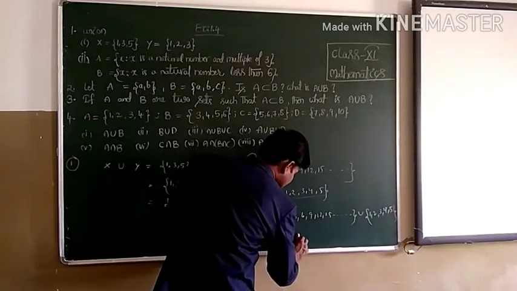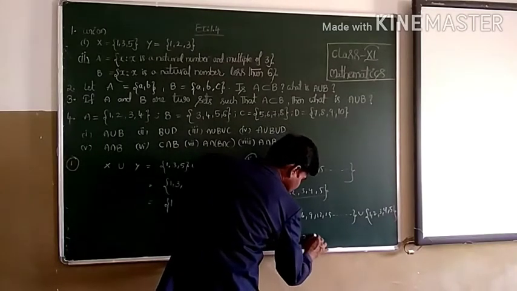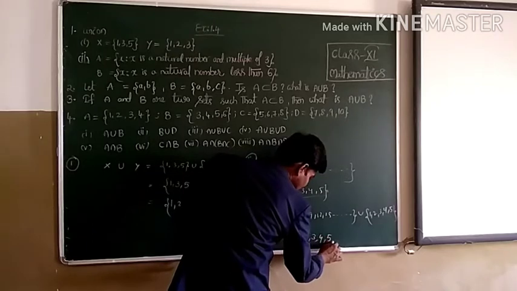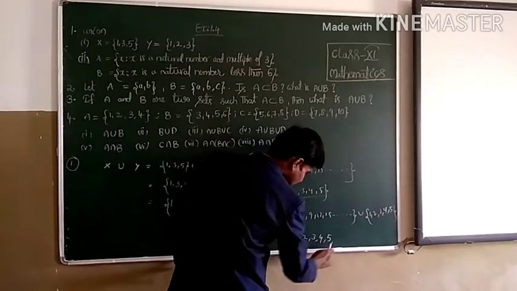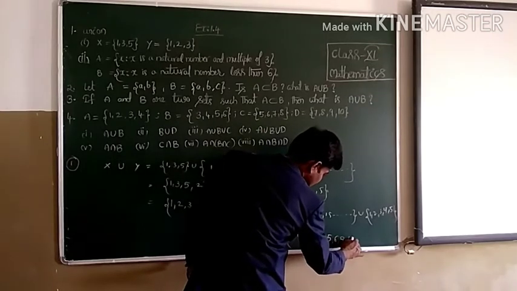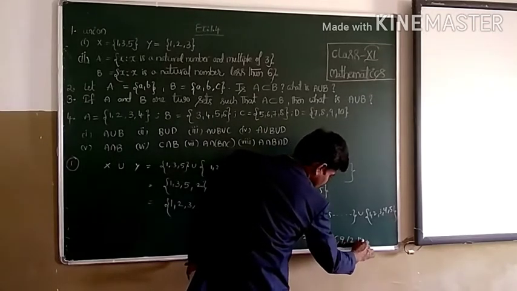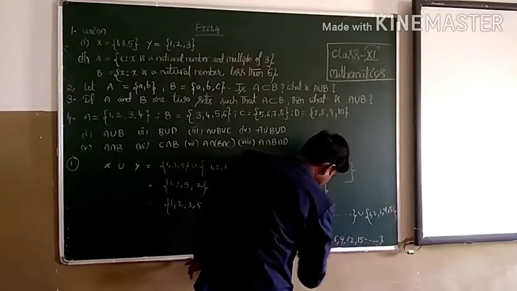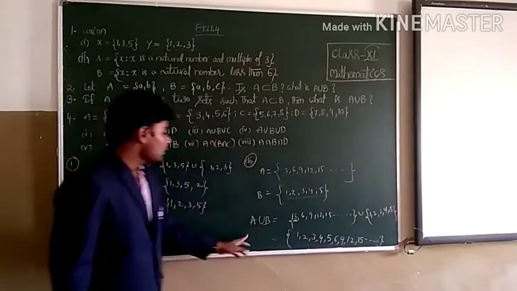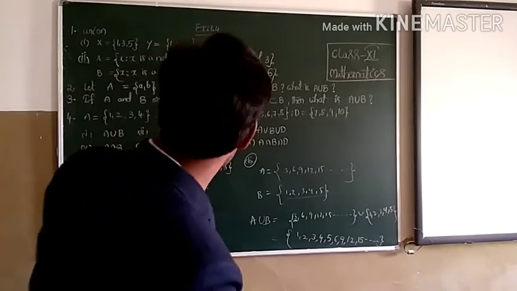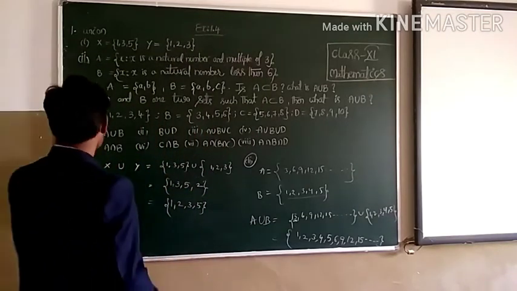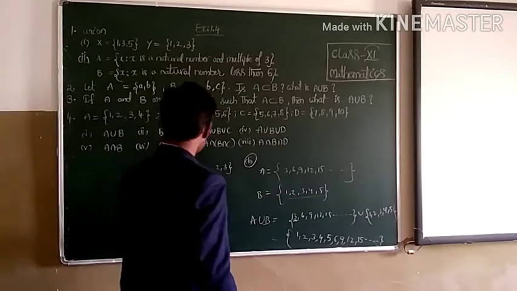I am writing directly: 1, 2, 3, 4 and 5. Here 3 is already available, so we write it only once. Then 6, 9, 12, 15 up to infinity, right? This is the union of A and B. Clear?